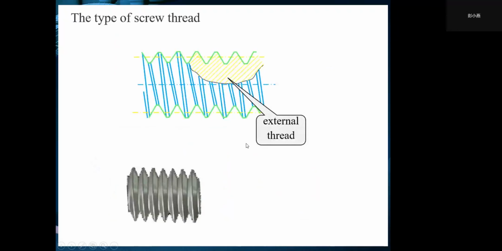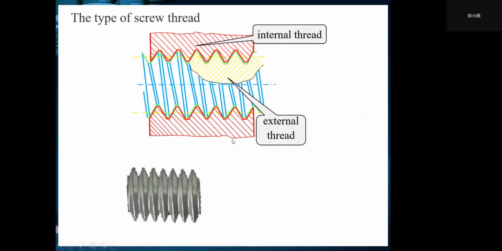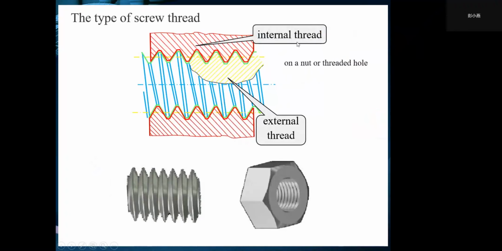And according to the thread position, it can be divided into internal thread and external thread. Internal thread is the thread on a nut or threaded hole. External thread is the thread on a screw.